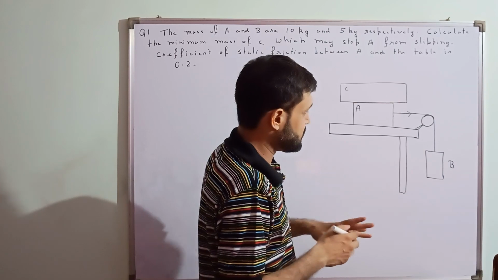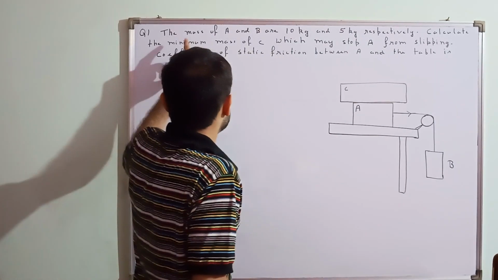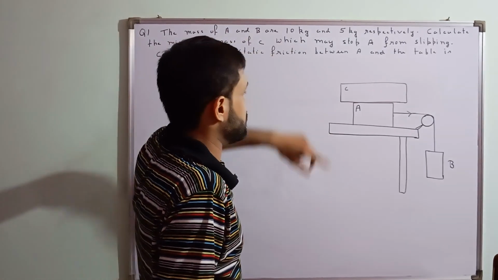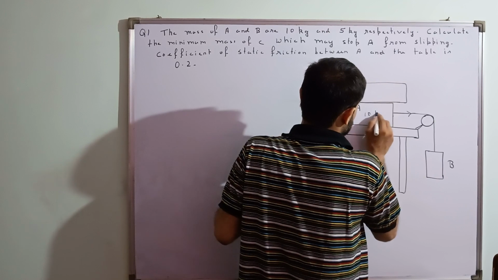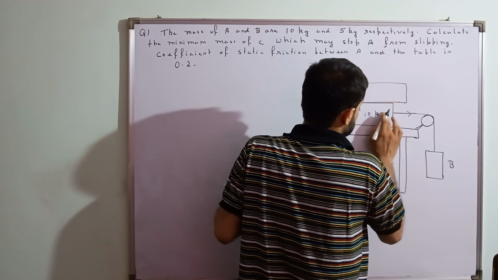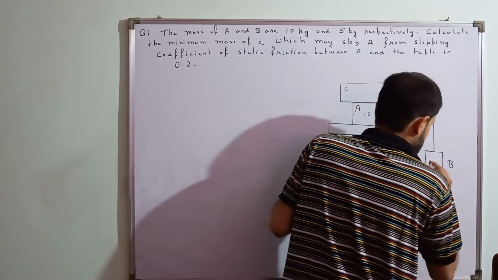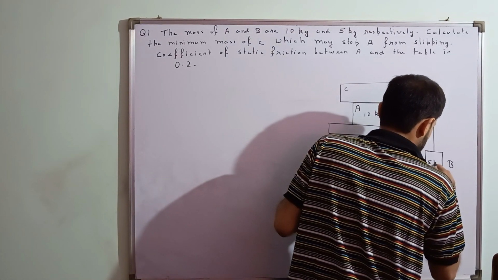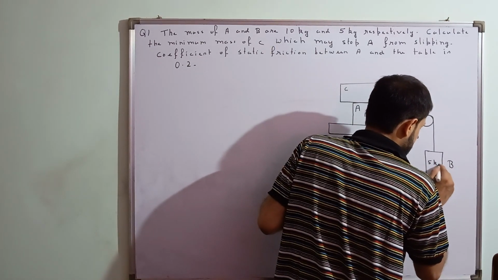You got this situation? What is the situation? See, what they are saying, the masses of A and B are, this is how much? This is 10 kg. Now let's try to understand the question quickly. This is 10 kg. This is 5 kg. Okay, no problem.